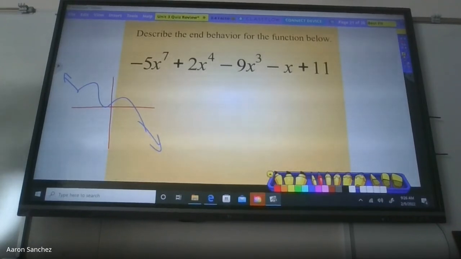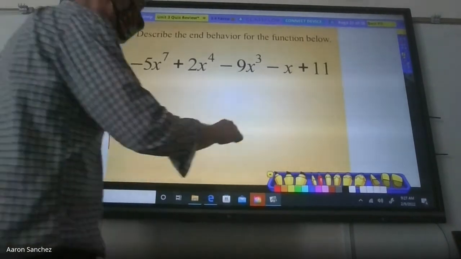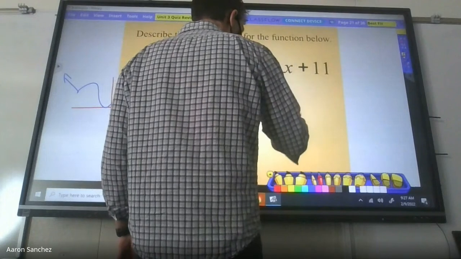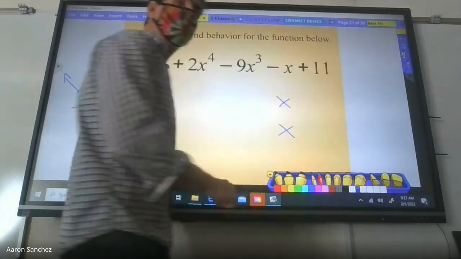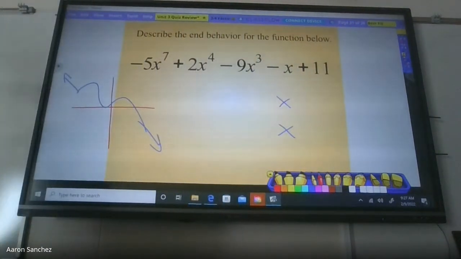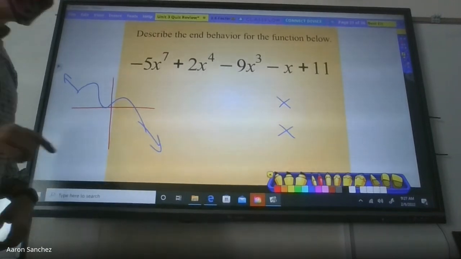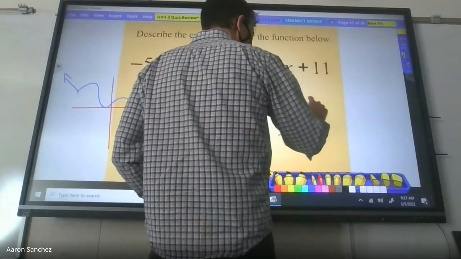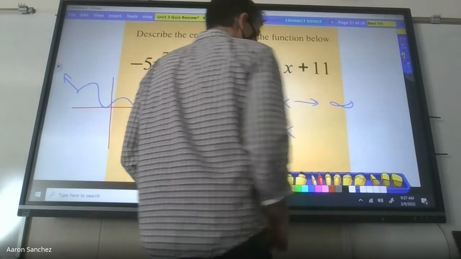X or Y? X. So I want X going that direction. I want two X's, one going this direction, one going that direction. That way's infinity. So one of my X's is going to infinity.